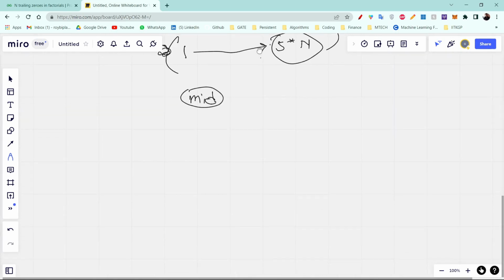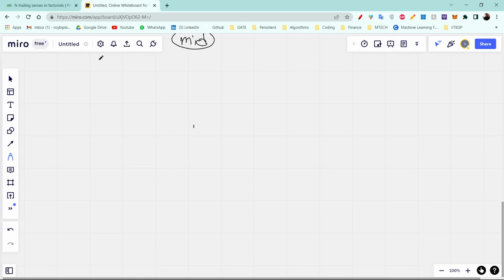So if we talk about our algorithm, low will be 0, high will be 5 into n. We will have our answer by default, let it be 0.